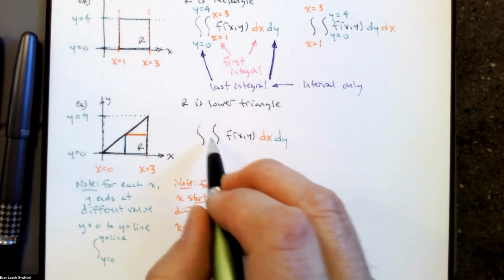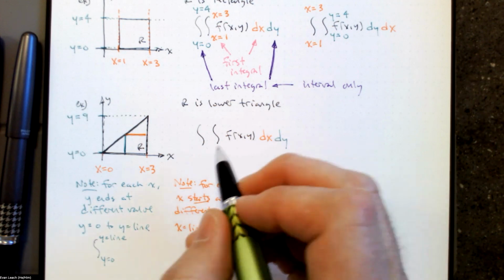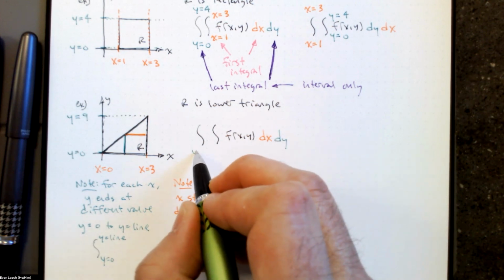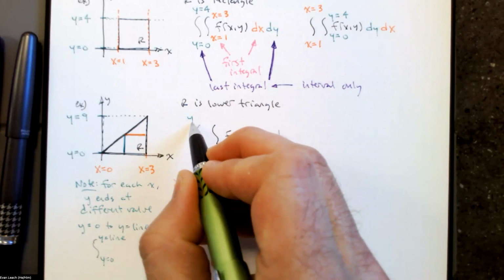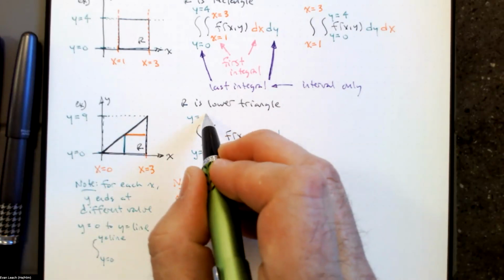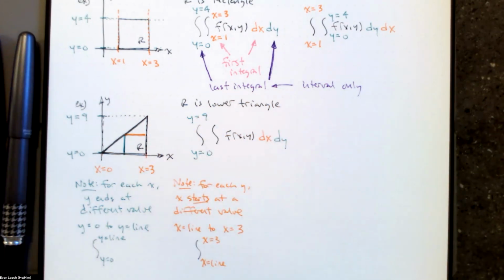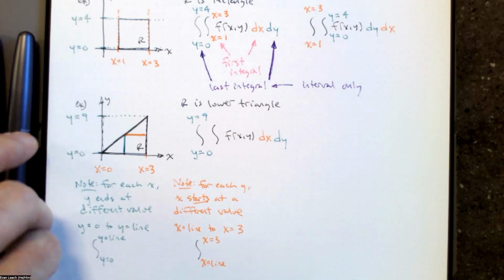So if in this double integral, dx dy, dy is the last integral, so I can only put an interval for my y's. And I just look at the values of y that we're between, where y goes from 0 to 9. The last integral is interval only, constants.